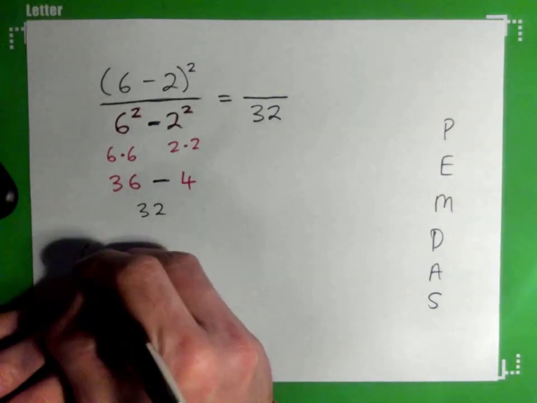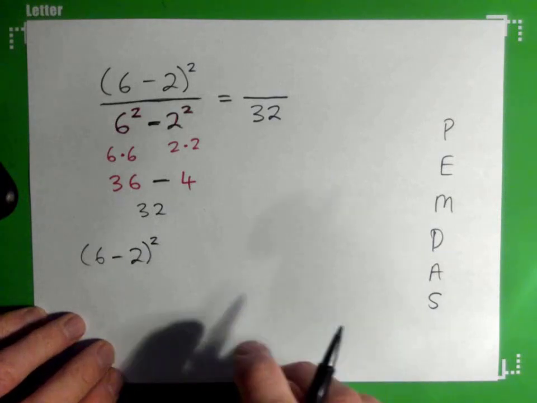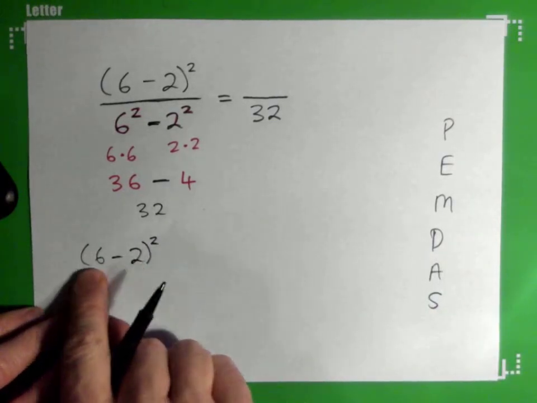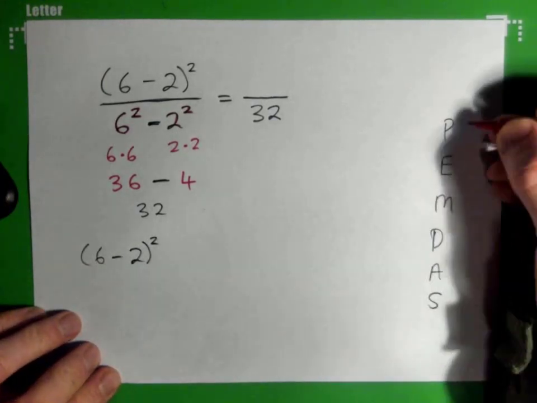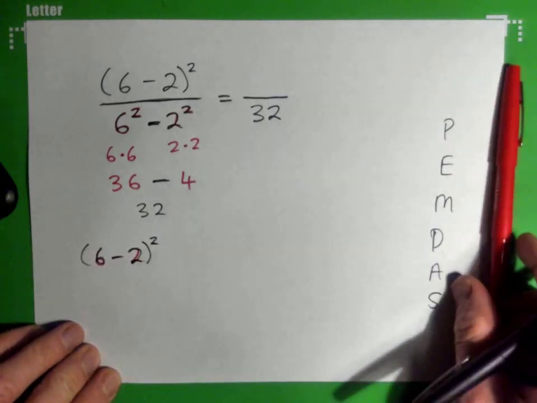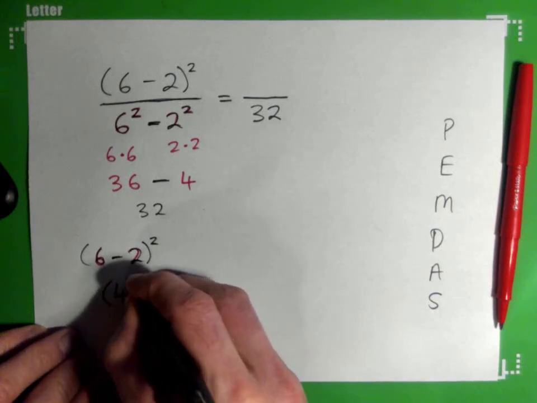Now I'll write the top out as 6 minus 2 all squared. Now, what do we do with this? We've got an exponent, but we have something to do inside of a parenthesis. So we kind of have to start there when we follow the order of operations. We have to start with the 6 minus 2. What does that make? That makes 4. So now we have 4 squared.